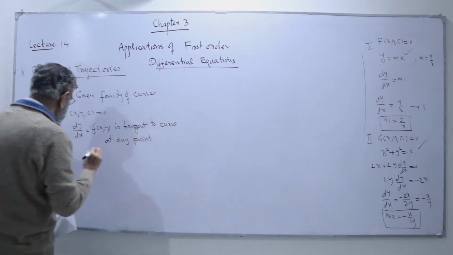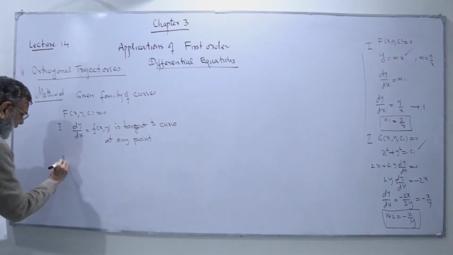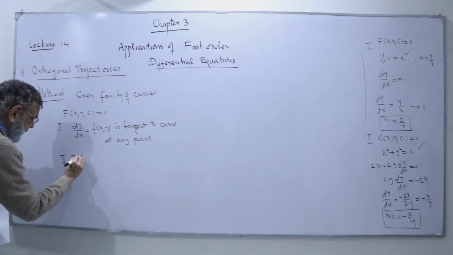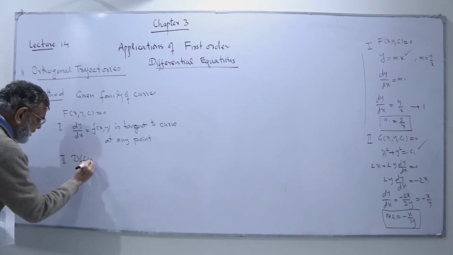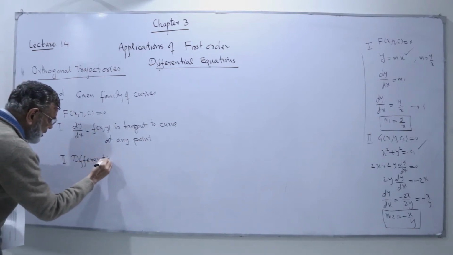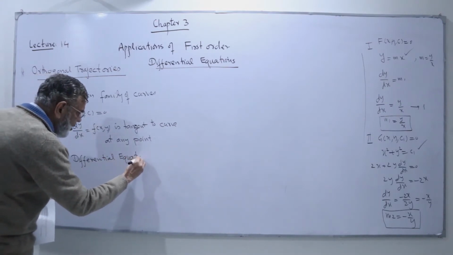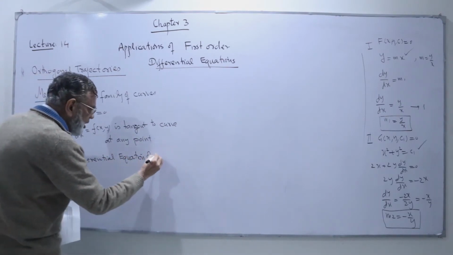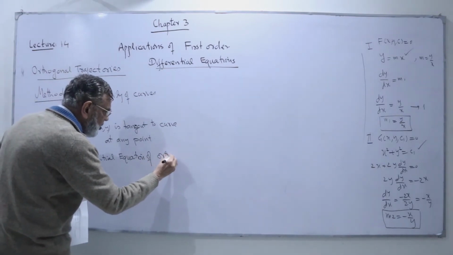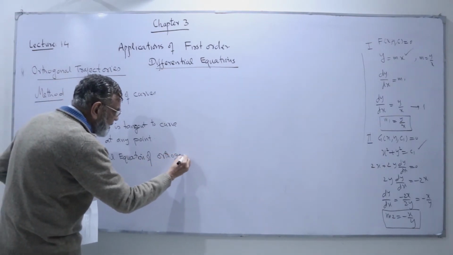So once we get this tangent, then number 2, we write the differential equation of orthogonal trajectories.